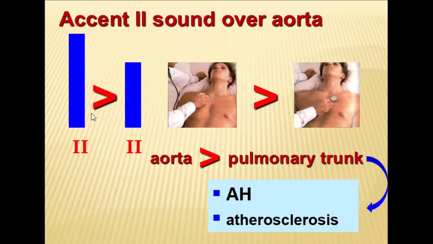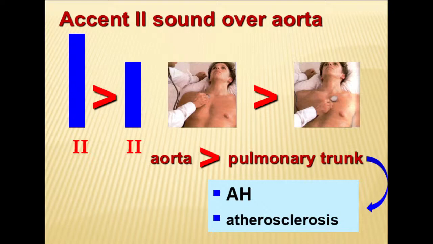There are arterial hypertension or atherosclerosis of the ascending aorta and its ostium. In this case, the second sound over the aorta will be louder than over the pulmonary trunk. We are talking about accent of the second sound over the aorta.